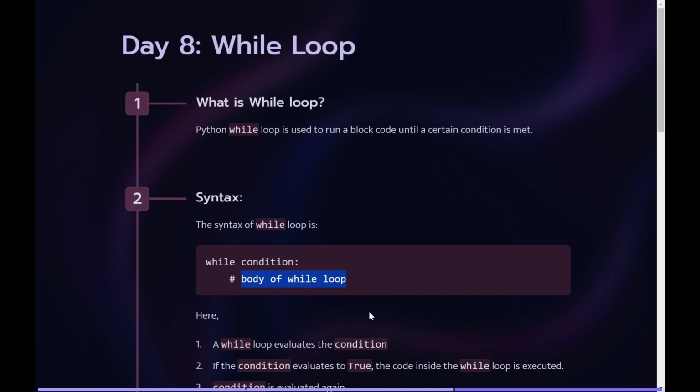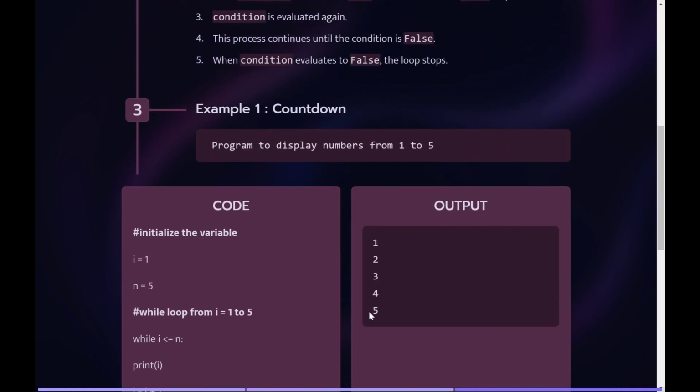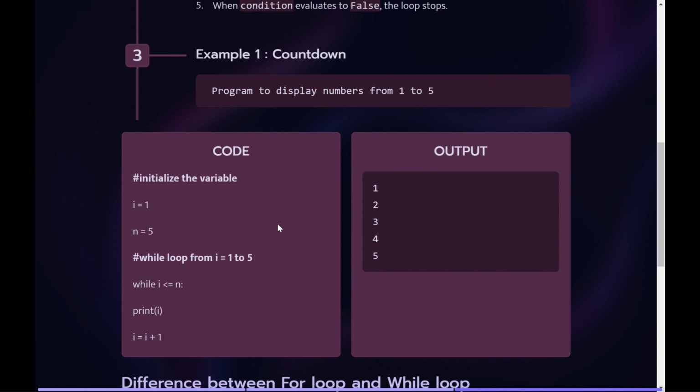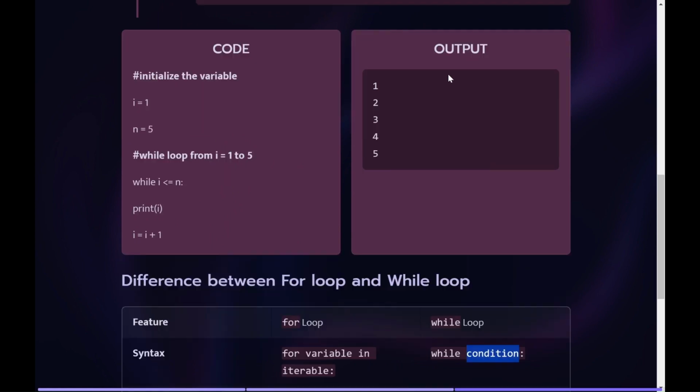So let us see a small example. Say I have a countdown to display. Say I'm going to count from 1 to 5. So here I have declared two variables i and n, and my condition goes like i less than or equal to n. I'm going to print i starting from 1.